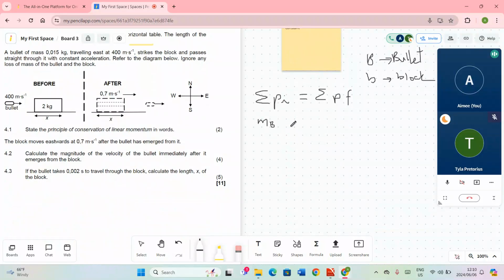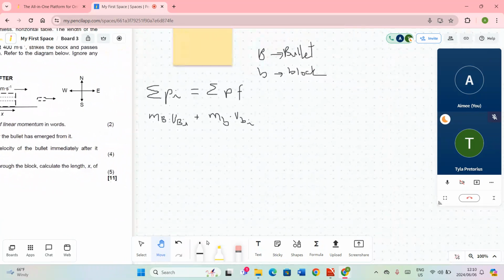So the mass of the bullet multiplied by the velocity of the bullet initially, plus the mass of the block times the velocity of the block initially, is equal to the mass of the bullet multiplied by the velocity of the bullet finally, plus the mass of the block times the velocity of the block finally.